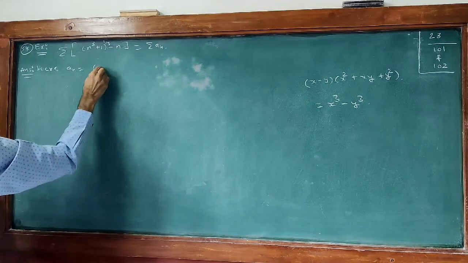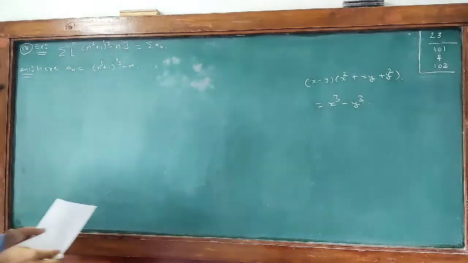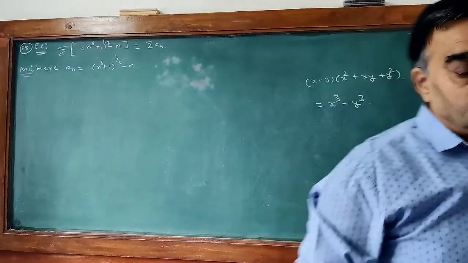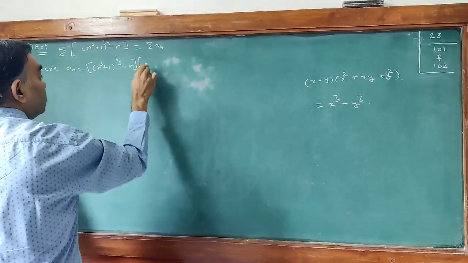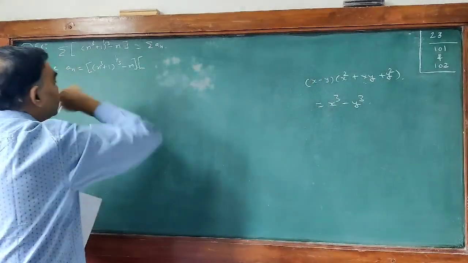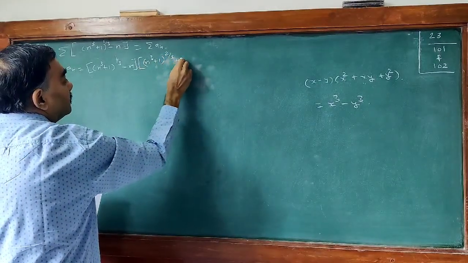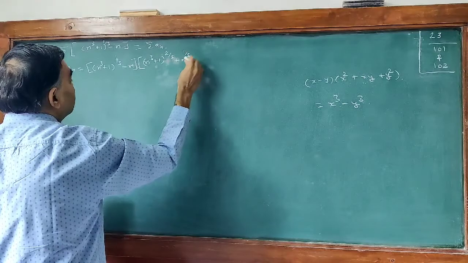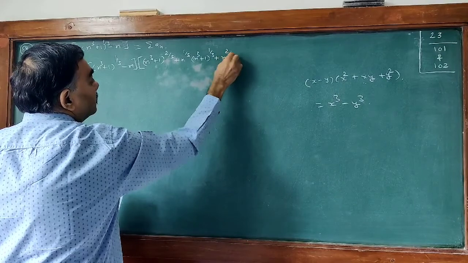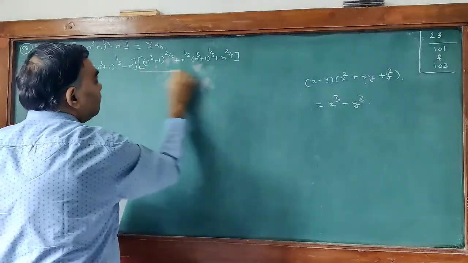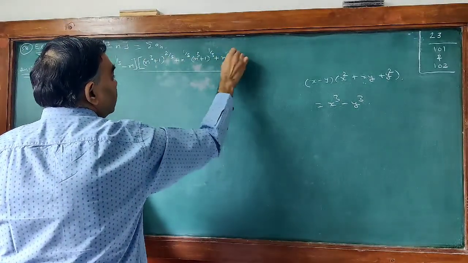An equal to the cube root expression minus n. So obviously we multiplied and divided by this term, and we divide by n square.